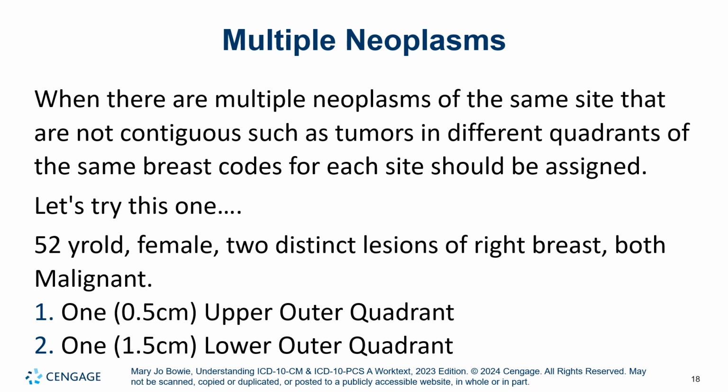Okay, multiple neoplasms. When there are multiple neoplasms of the same site that are not contiguous, such as tumors in different quadrants of the same breast, each site would be assigned a code. So for this one, 52-year-old female, 2 distinct lesions of the right breast, both malignant. They documented that one was 0.5 centimeters in the upper outer quadrant and one was 1.5 centimeters in the lower outer quadrant.